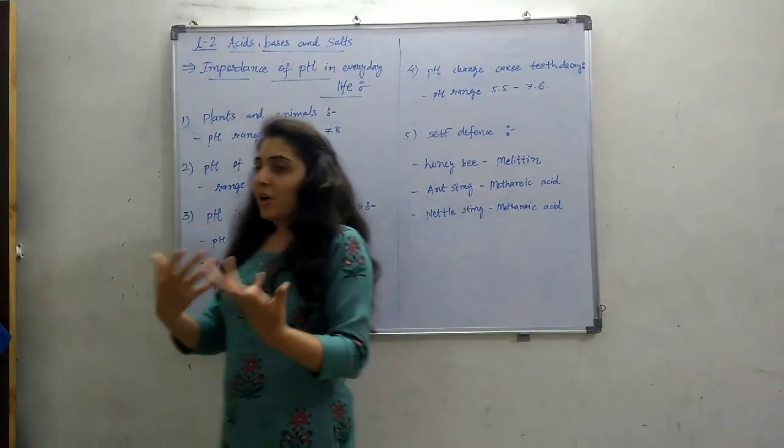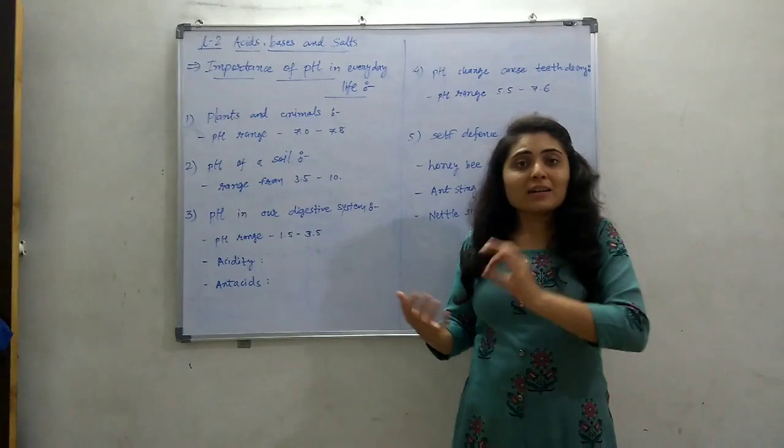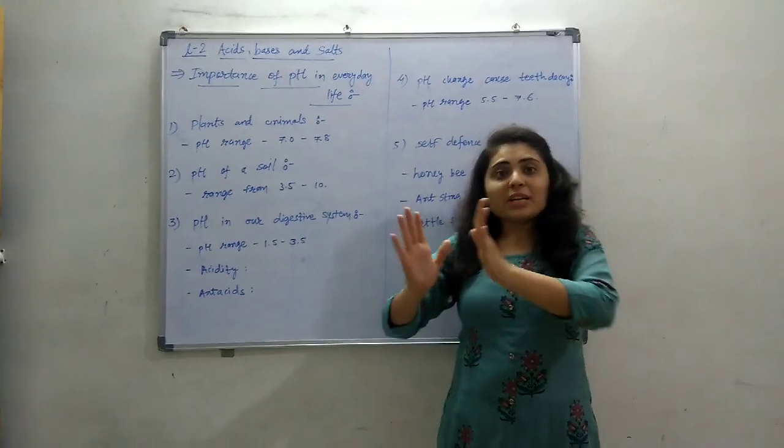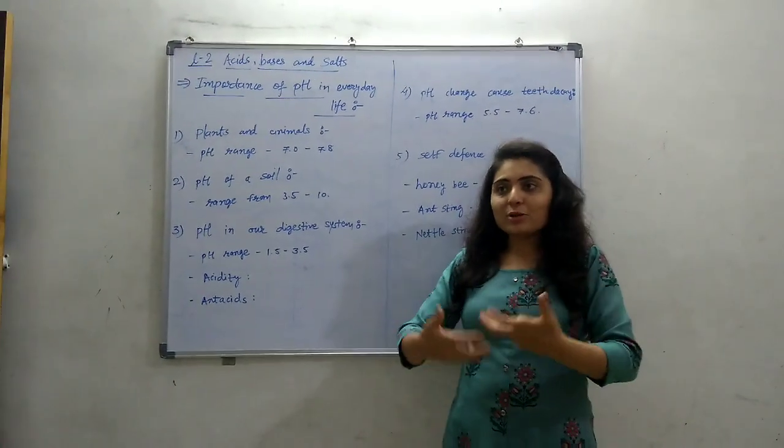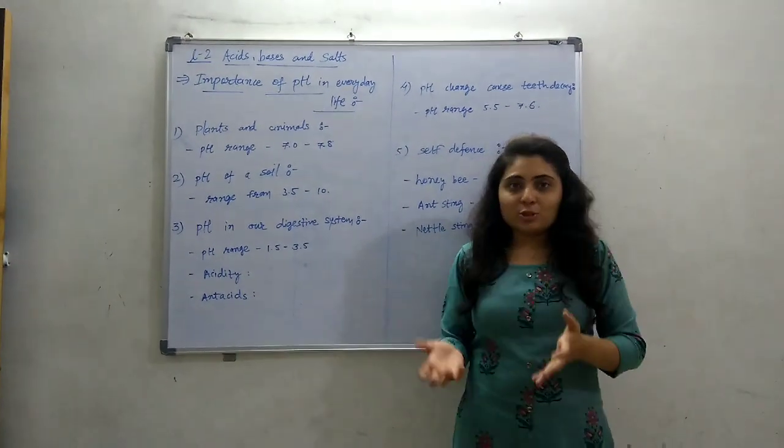So the farmers are doing this because plants and crops are adapted to a certain pH only. Some plants can grow in acidic soil, some plants in basic soil, some plants in neutral soil.